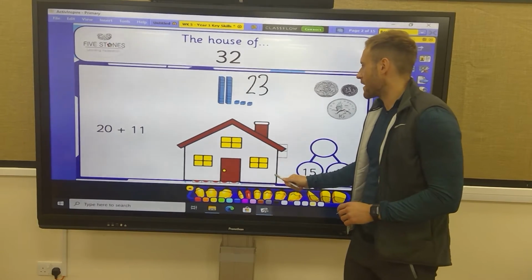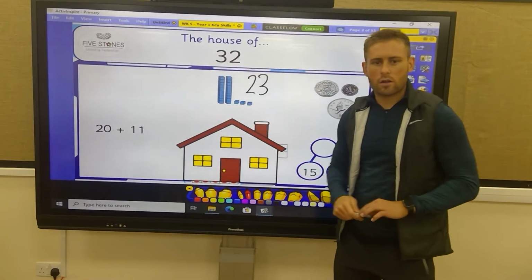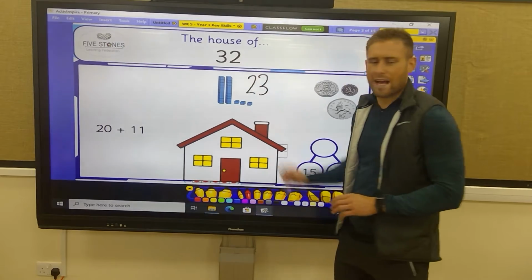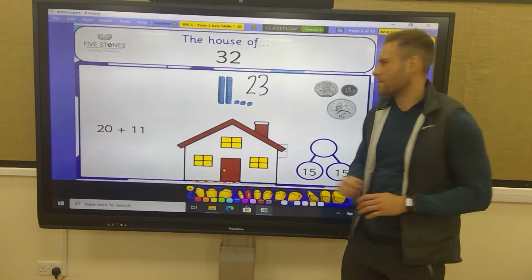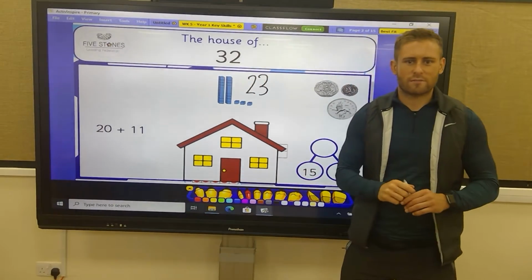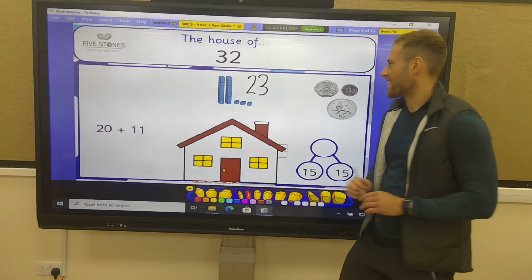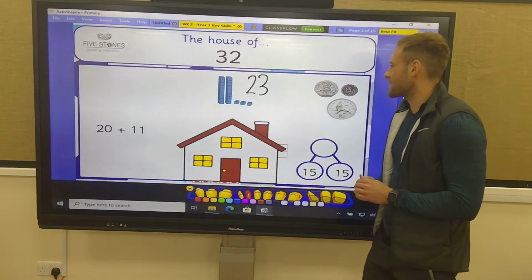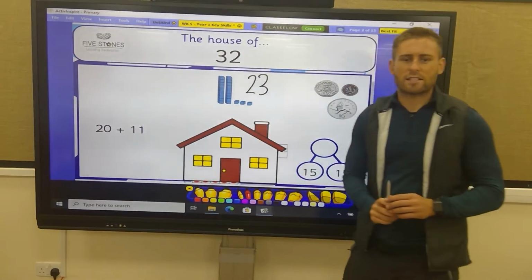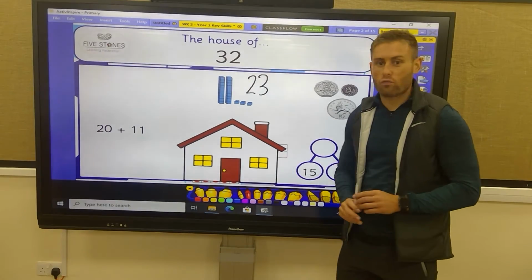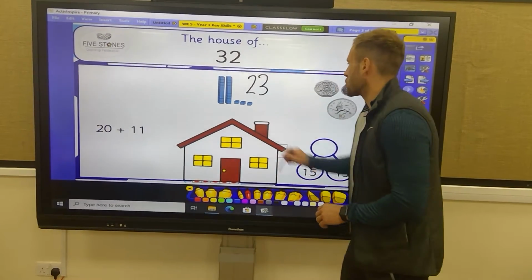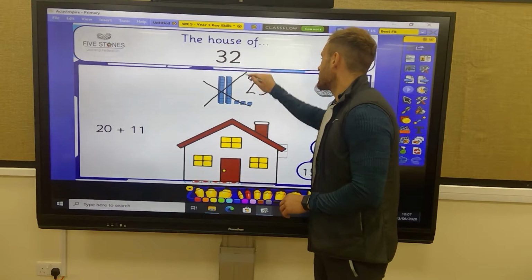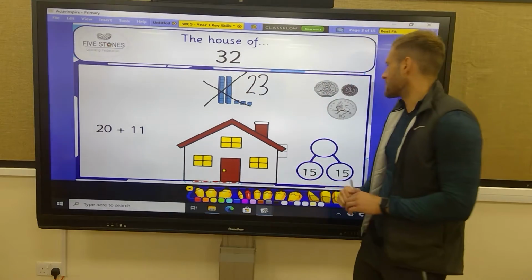No, it can't. Fantastic. Can you tell us what is similar about these two numbers? Yes, they have the same digits. Fantastic. However, they're in a different place. So they don't represent the same number. So no, we can't have 23 into our house of 32.